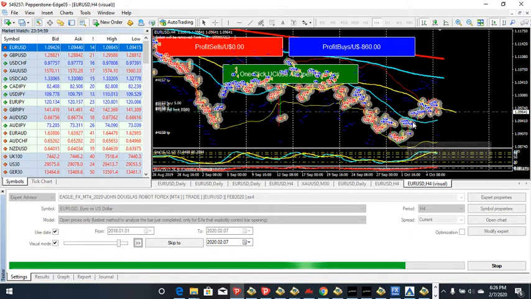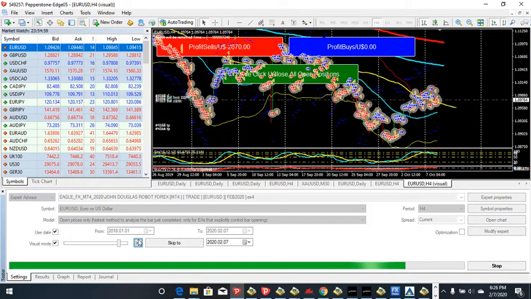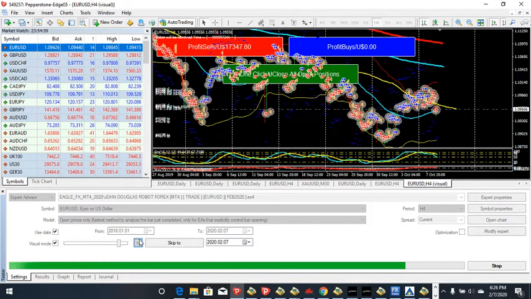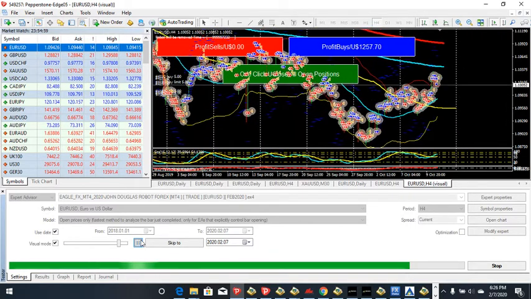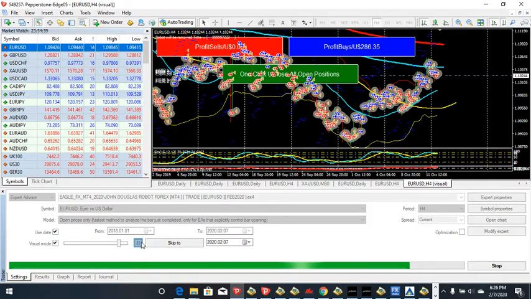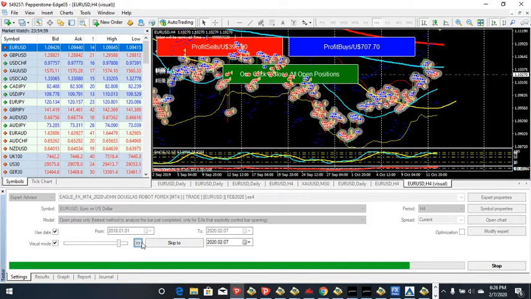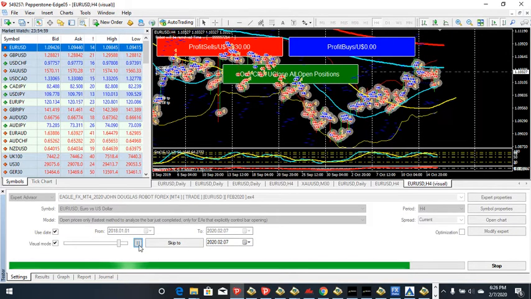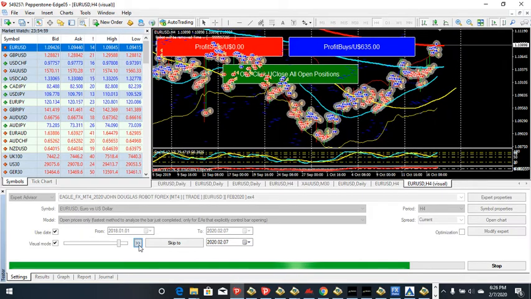Look at buy again. It's still negative. Look at that one again. Positive. Okay, now done. See that? That's how it looks like. If it starts buying something like this, you expect that the market will go back.